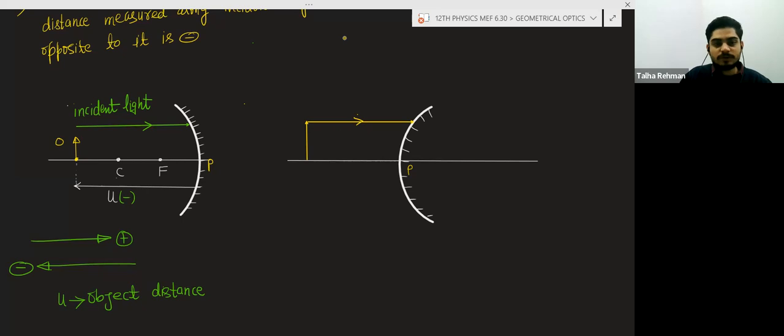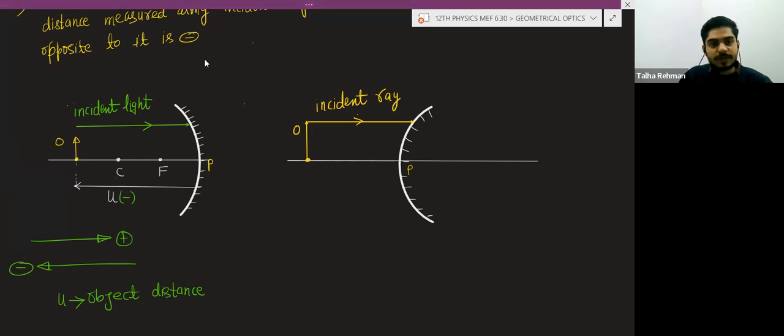The straight line is representing the object. So this is the incident ray, or incident light, from the object.